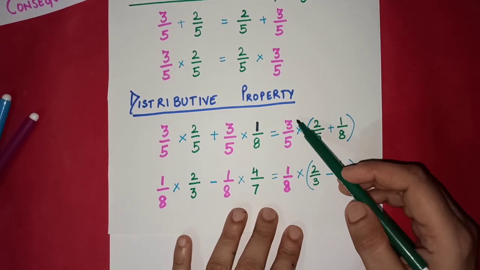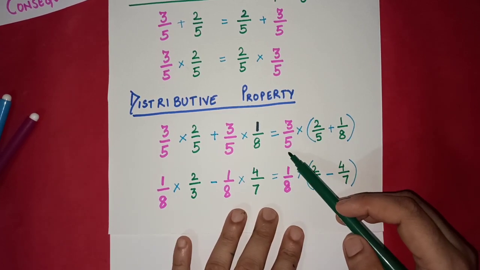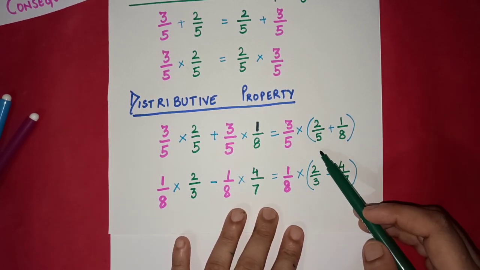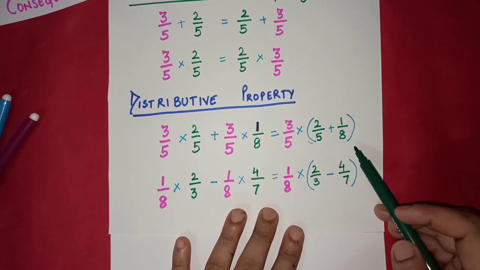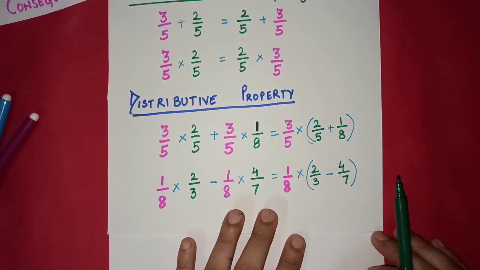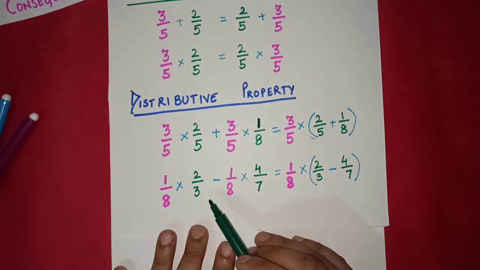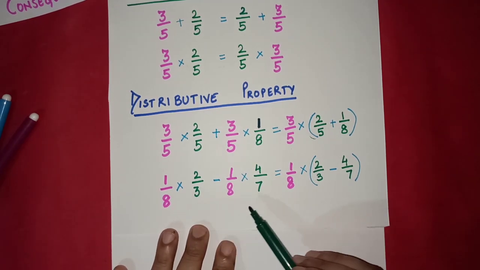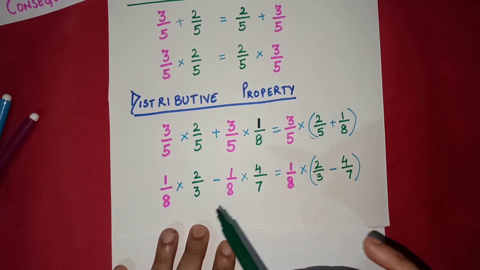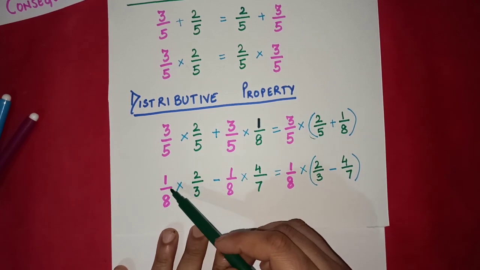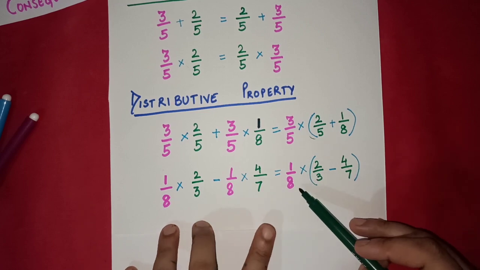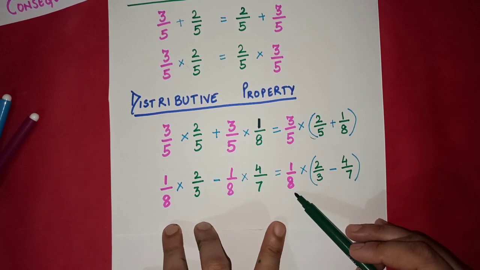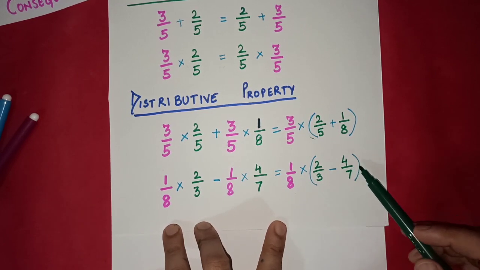So we can write this term as common to both and put the other terms in the bracket. The same can be done for subtraction also. These two multiplication expressions are being subtracted here and the first term is the same. It is 1 by 8, 1 by 8. So we can simply take out 1 by 8 and put the leftover things inside.